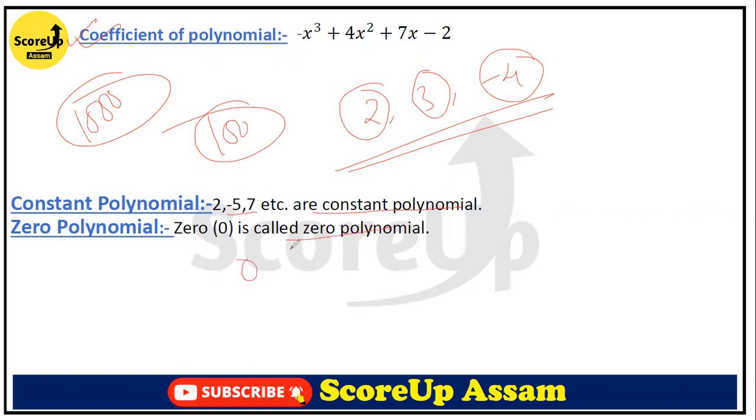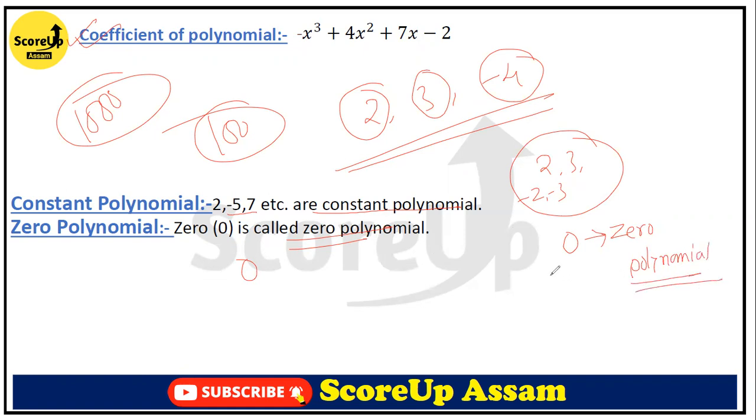See, 2, 3, or -2, -3 are all called constant polynomials, but 0 alone is called the zero polynomial. Okay. So this is all about the coefficient of a polynomial, the constant polynomial and the zero polynomial.